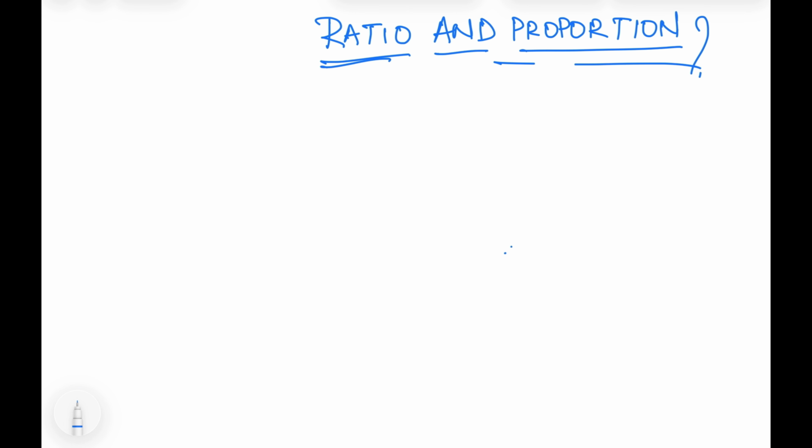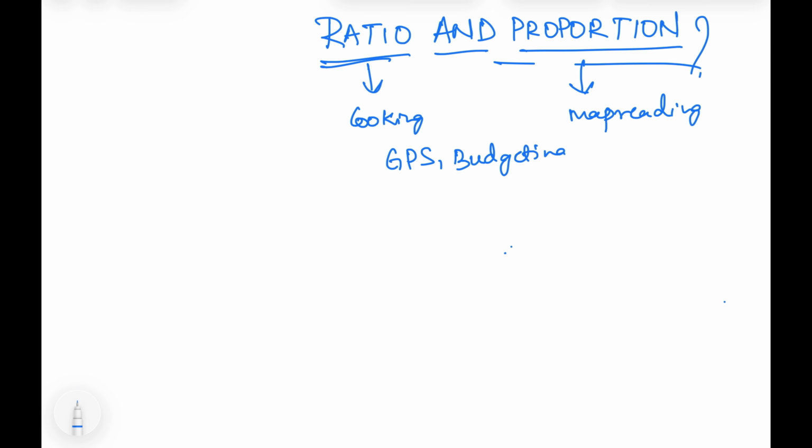So, basically, ratio and proportion both are used everywhere, whether it is cooking or map reading or GPS navigation, whether it is budgeting, then also in construction, while mixing the elements to do the construction.